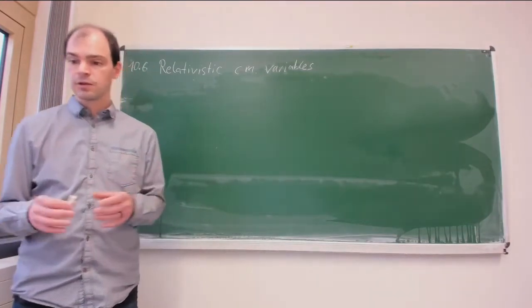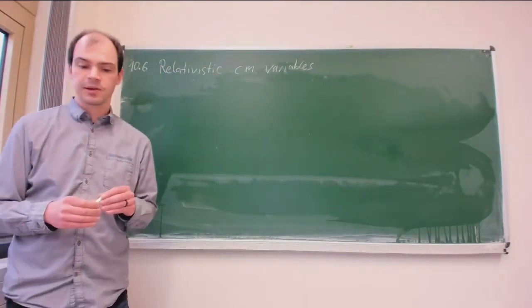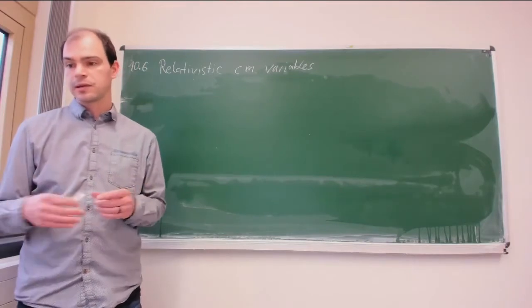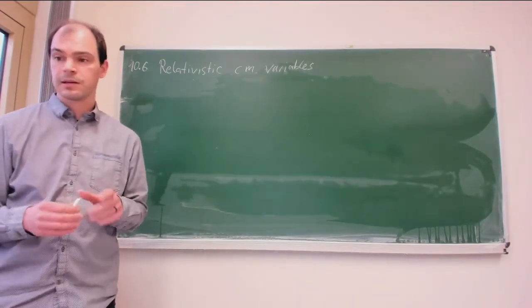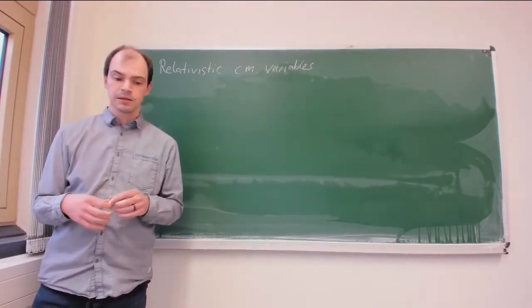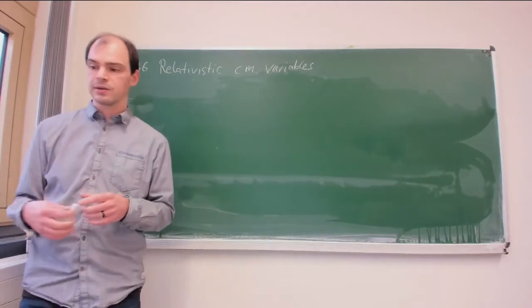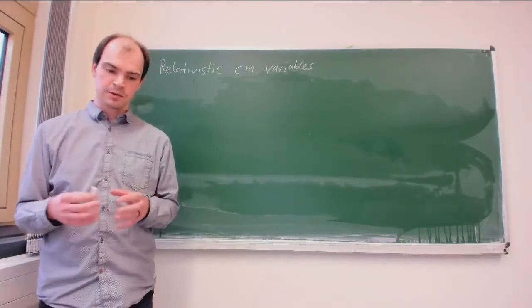Or the second choice would be we have the Lorentz invariant version of a center of mass, but we lose the commutation relations. Now, the commutation relations in quantum mechanics are of course quite important. A lot of fundamental properties of quantum mechanics rely on these canonical commutation relations between momentum and position.